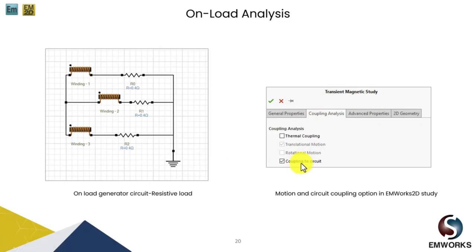So simply by activating this checkbox, you will get a circuit generator where you can use all the active elements to build your purely resistive circuit or RL circuit, or if you just want to go with an inductive circuit, you can always use the type of circuit you want to connect, and you can do a lot of fault analysis using this circuit editor. So let's see its performance.